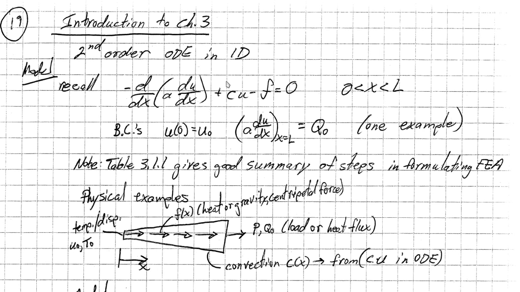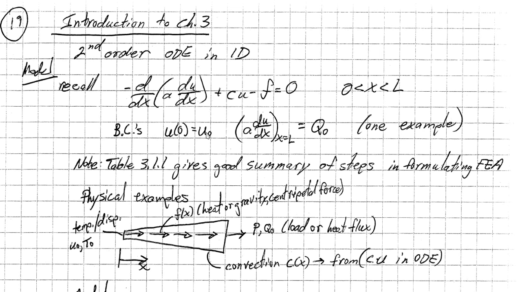So recall, for these second order ODE problems in 1D, one form of the ODE is this form. So we have this strong form equation over a distance of coordinate x from 0 to L. And one example of boundary conditions would be to define the dependent variable solution.